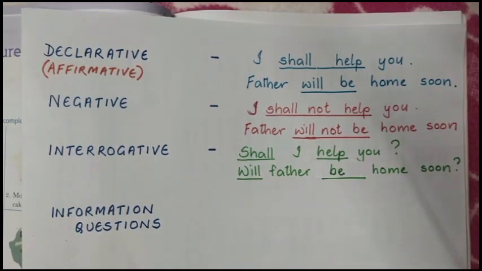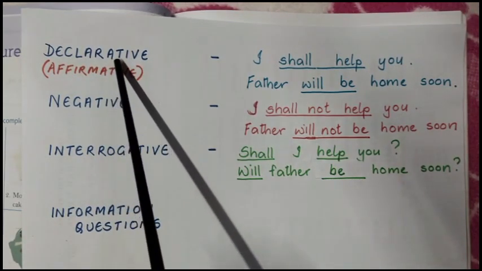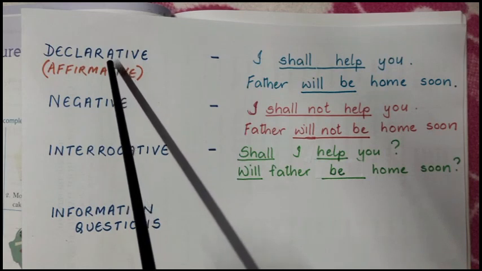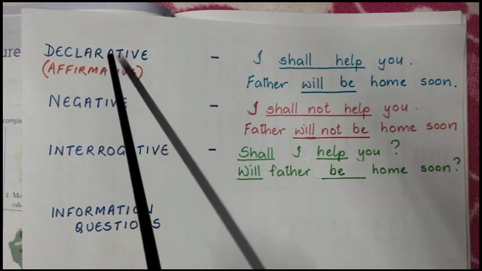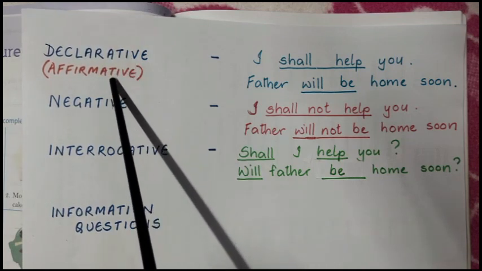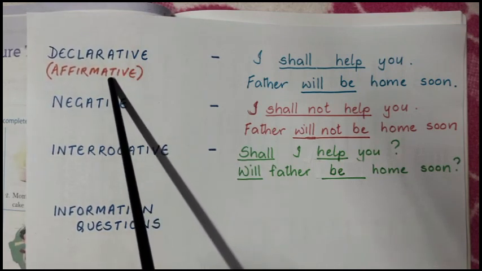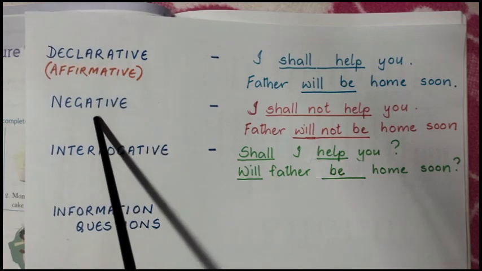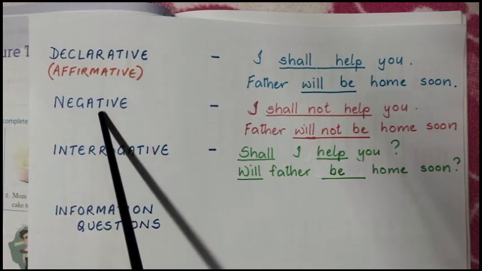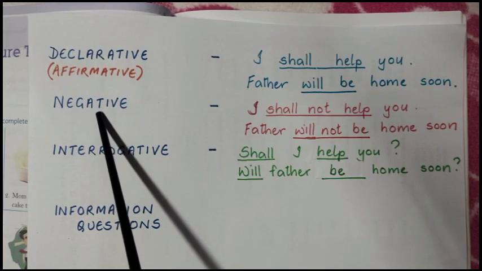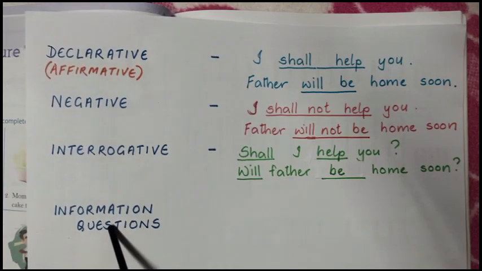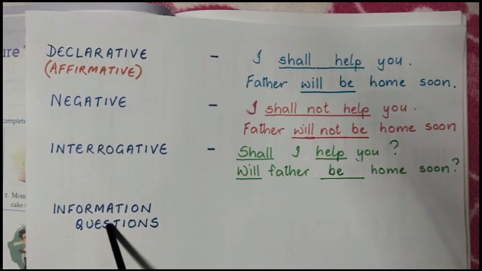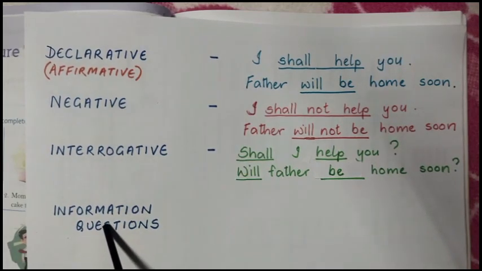One thing to remember is declarative sentences can also be called affirmative sentences. Okay, so declarative and affirmative, they mean the same thing. Negative means to negate, to say no, right? Interrogative is the question, and information questions are also questions, okay, that inform.